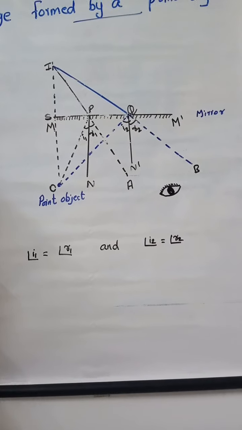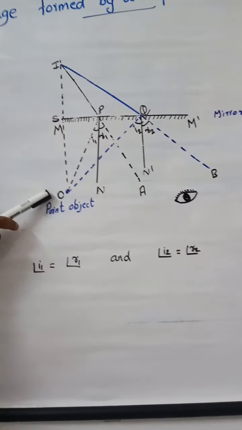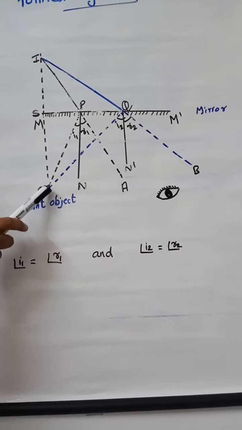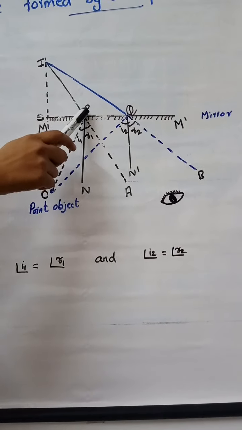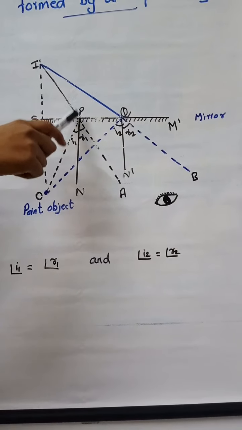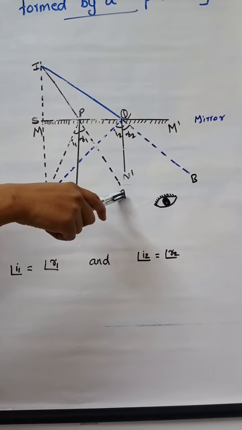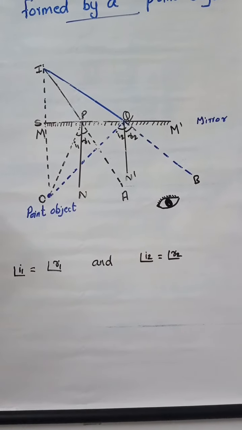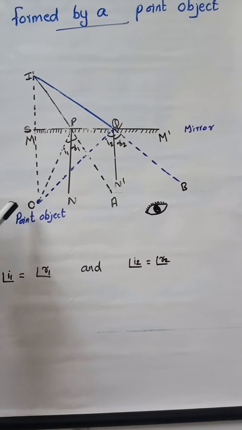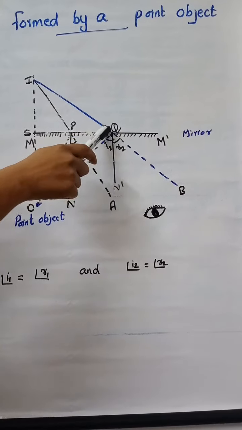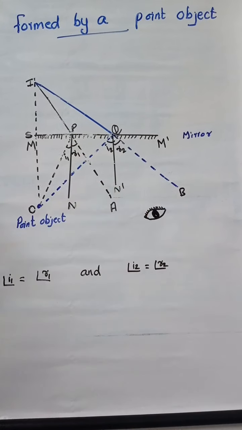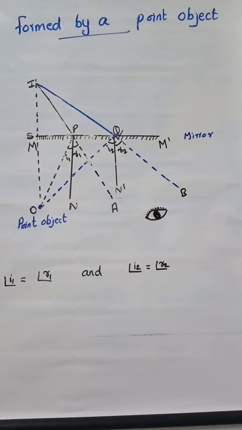Let us consider a point object O kept in front of the plane mirror. OP is the incident ray and PA is its corresponding reflected ray. OQ is another incident ray and QB is its corresponding reflected ray.